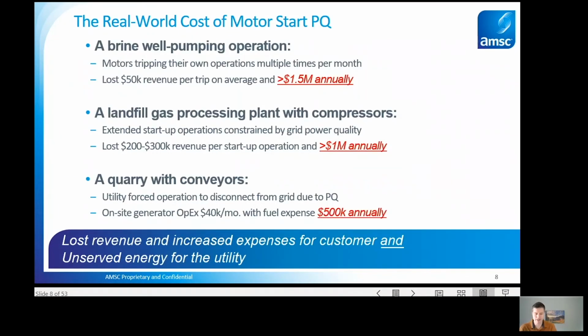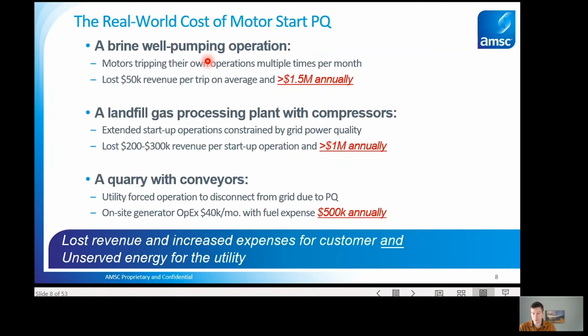So I mentioned the cost in the introduction. So in this slide, we're going to review some applications and what drove the initial expenses due to these problems. So the first application is a brine well pumping operation, and this is an underground aquifer where a naturally occurring salt brine was being pumped for chemical processing.